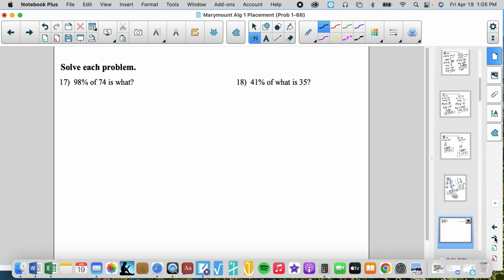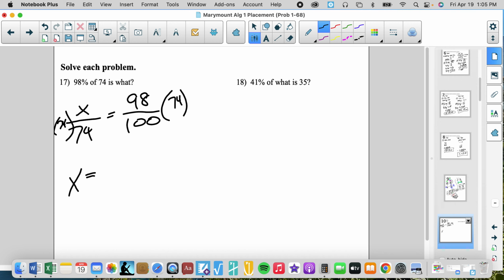98% of 74 is what? It's still x over 74 equals 98% over 100. So we'll multiply both sides by 74. And that gives us x equals 37 over 50. 50 can be reduced to 25, so that's going to be 49 times 37 over 25.